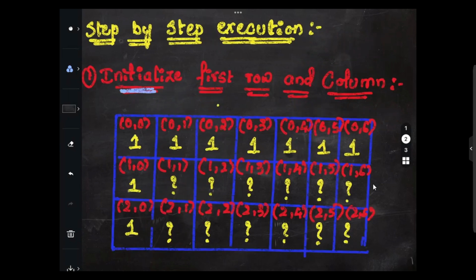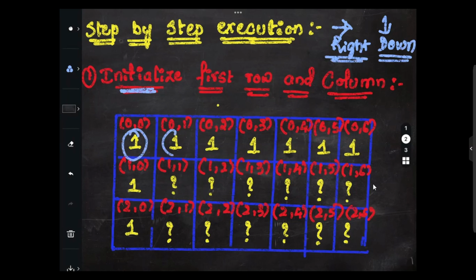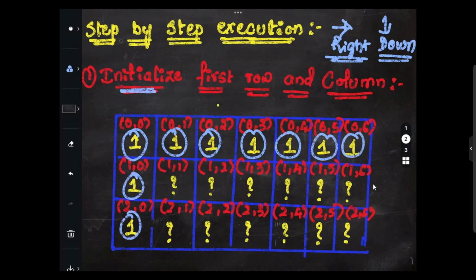First, we will initialize the first row and first column, because the robot can either move right or down, as clearly mentioned in the question. So we fill all the cells in the first row and first column with 1 initially.